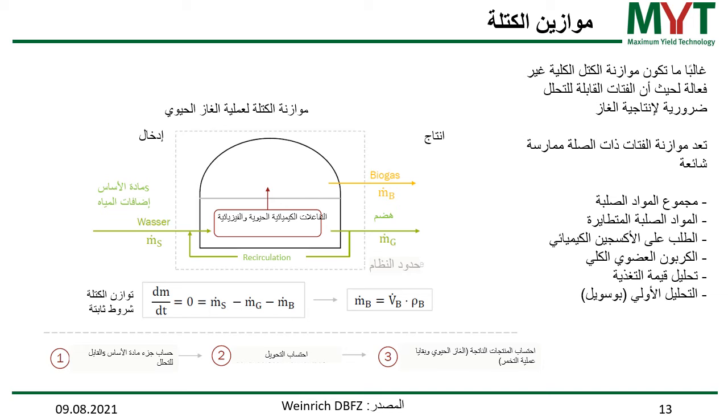And if you have only 10% total solids or 15% total solids in your substrates, then it is more appropriate to look into this fraction and not in the overall masses. And this is what is stated here, that usually mass balances relate to the relevant fractions within the substrate.